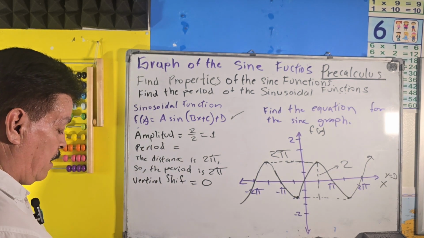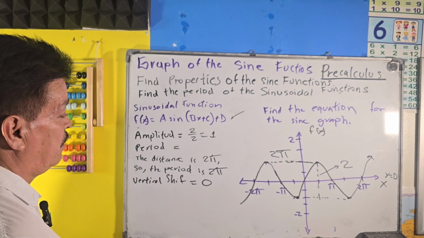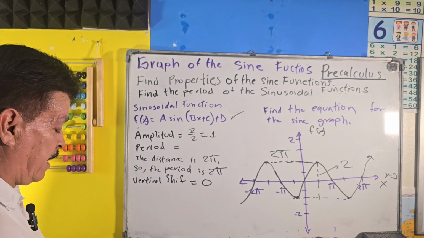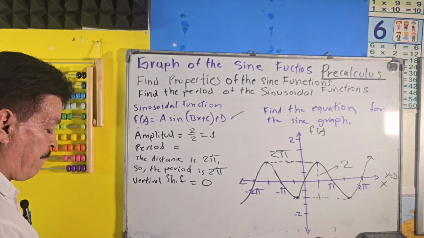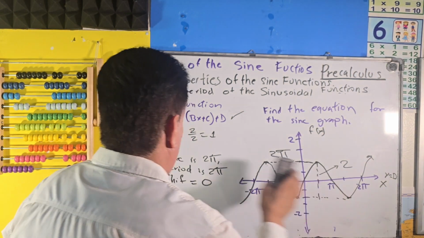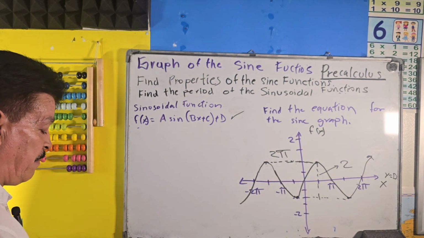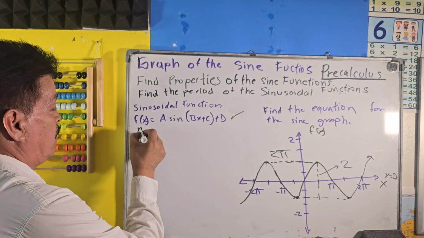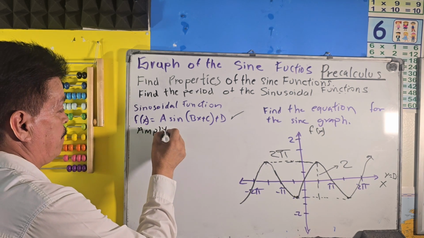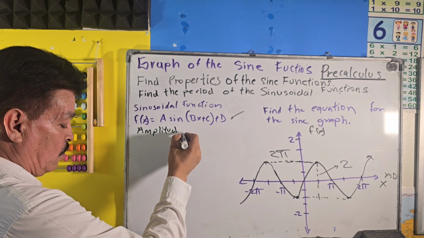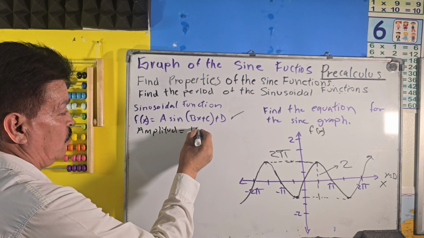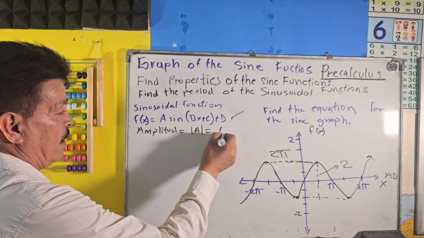So amplitude. Let me erase it here. And then give you the values. So it is the same problem, I just simplify this. So amplitude, I told you a is equal to 1, right?